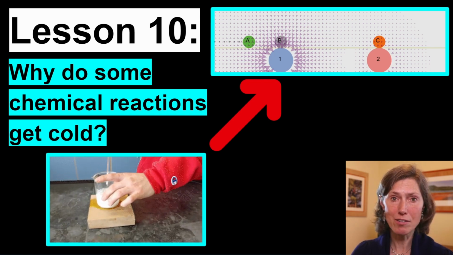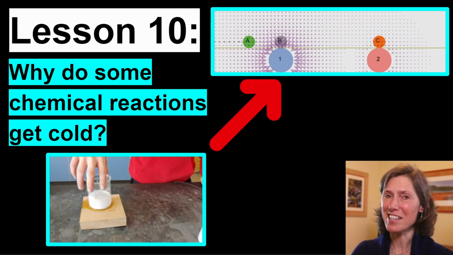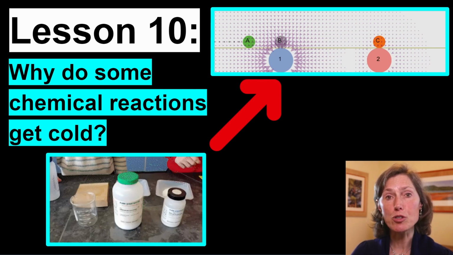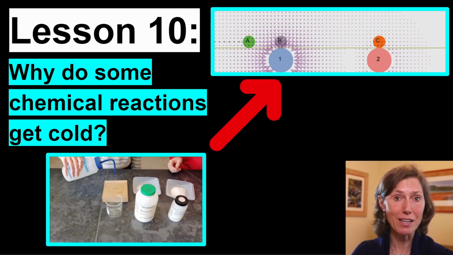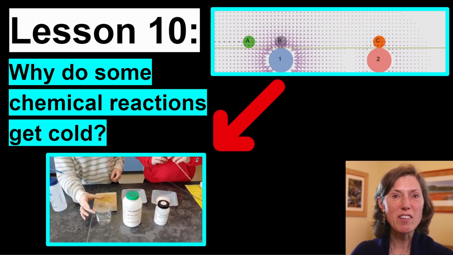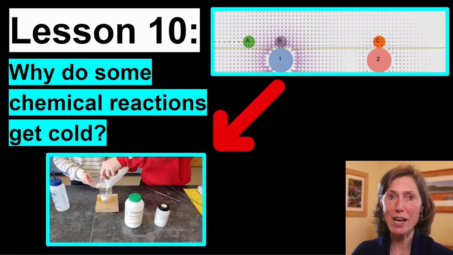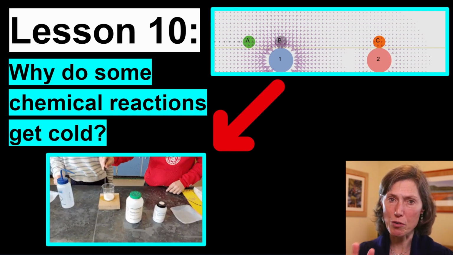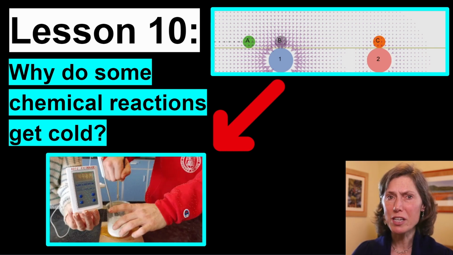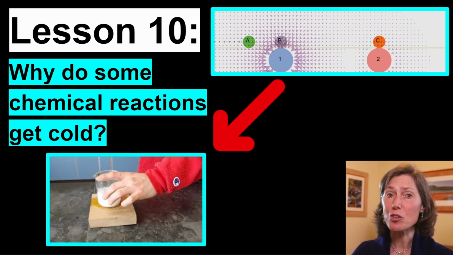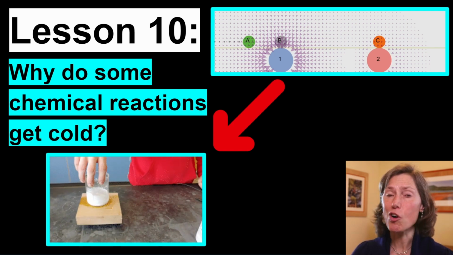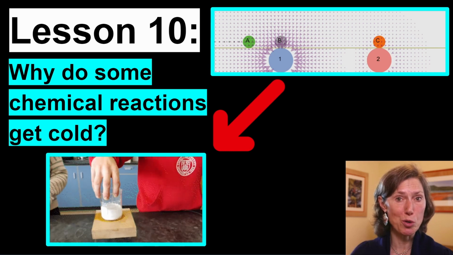Lesson 10 and lesson 9 focused on a simulation that enabled students to model the breaking and the making of chemical bonds. And therefore, I'm focusing again on that very first endothermic reaction that we did during the first lesson of this chemical bonding storyline, where the content of this beaker got so cold that the water underneath it was freezing and caused the beaker to be stuck to the wooden block.